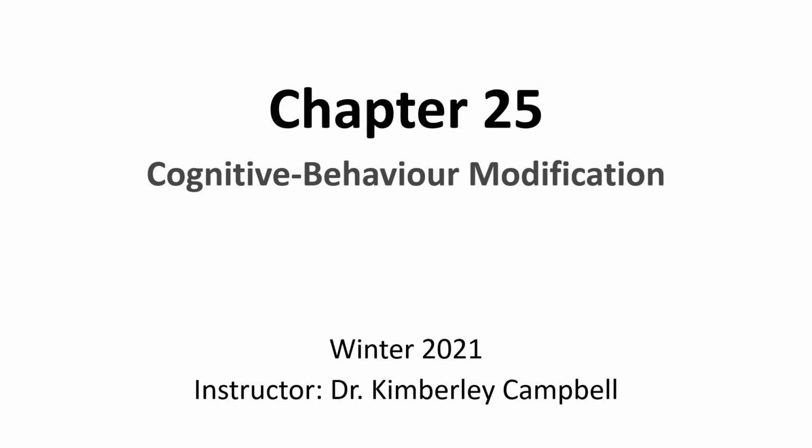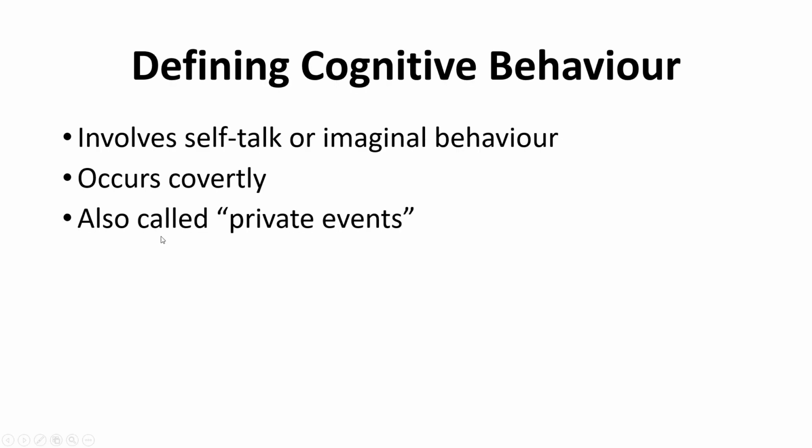This chapter's topic, these cognitive behaviors, fall under the category of covert behaviors. These are going to be things that occur internally and that aren't as easily observed and recorded by others. So as you might have guessed, the definitions here are a little bit contentious. Some people don't even consider covert behaviors to be behaviors.